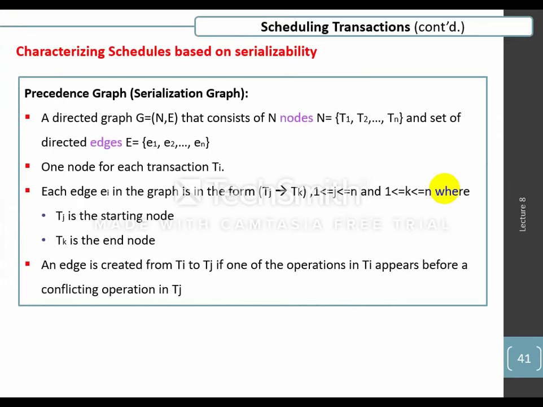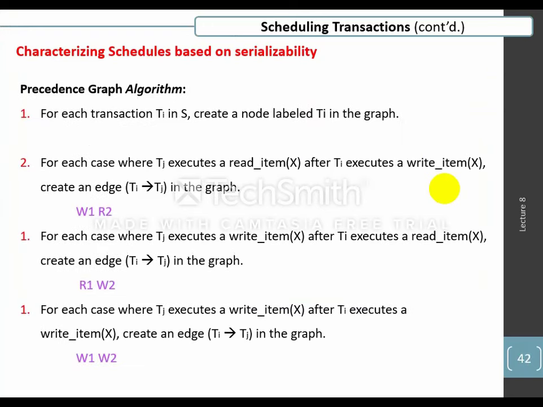For each transaction there will be one node, and there will be a starting node and an ending node, and we will see where the arrow starts and where it ends. For each transaction we will create a node.